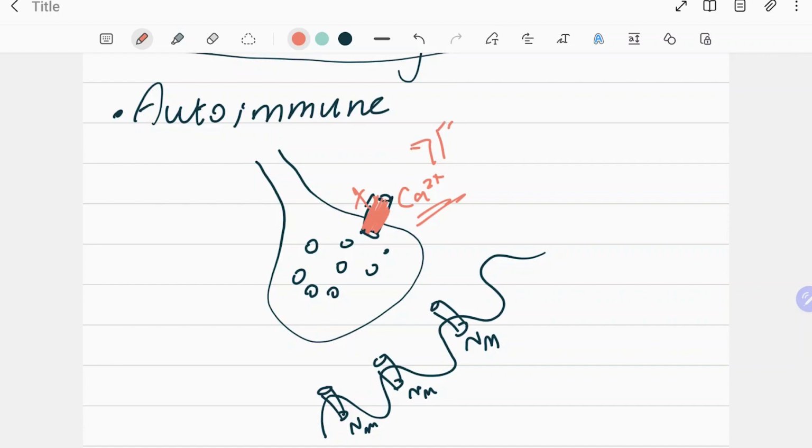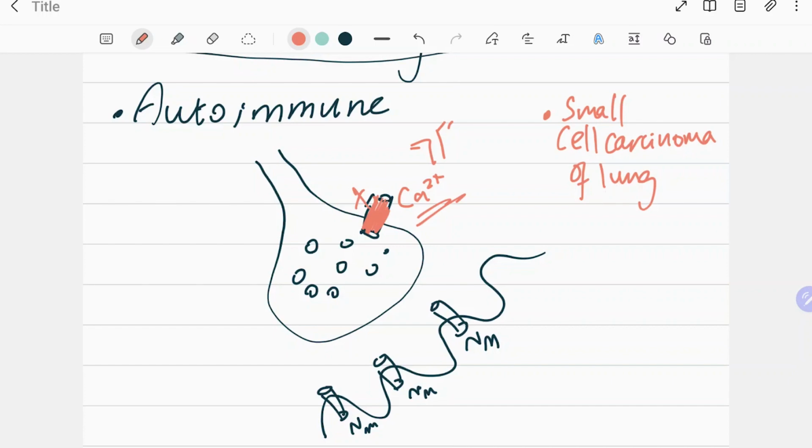And this condition is associated not with the thymoma as much, but rather with another condition called small cell carcinoma of lung. So you get this lung cancer, and the lung cancer actually does something else.